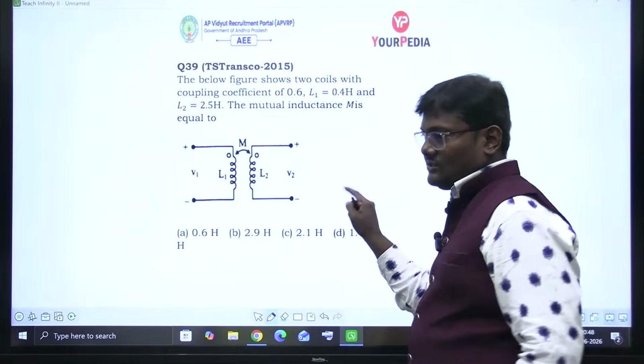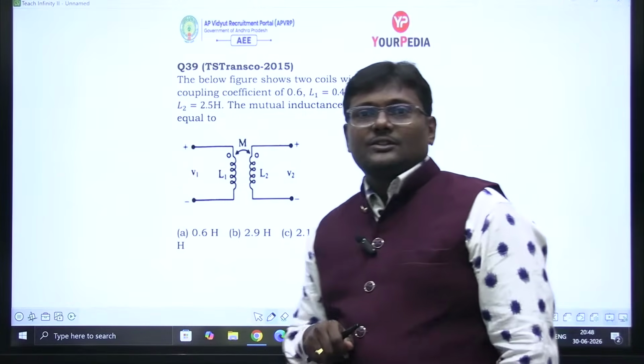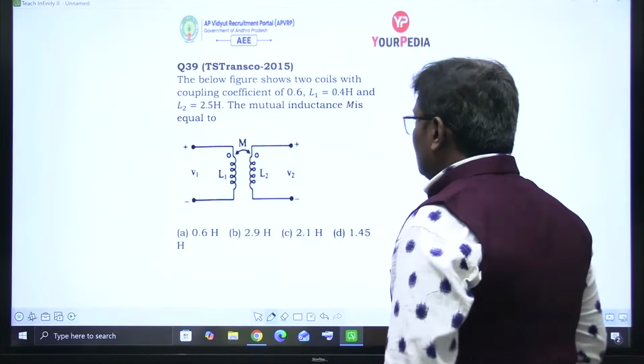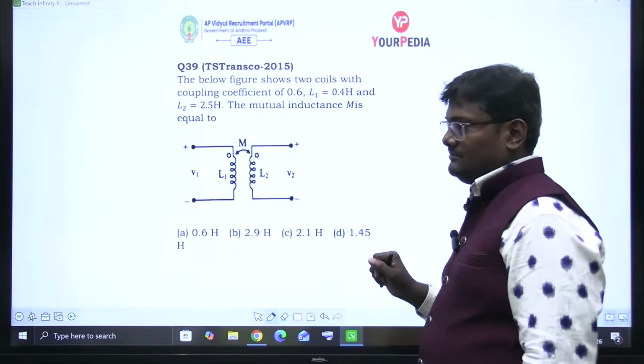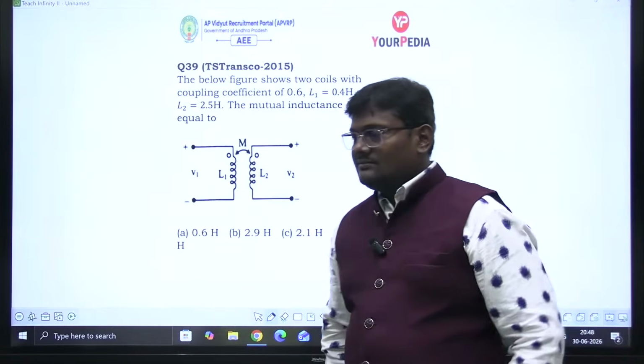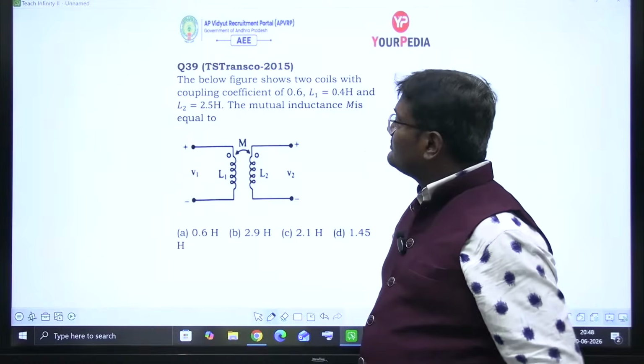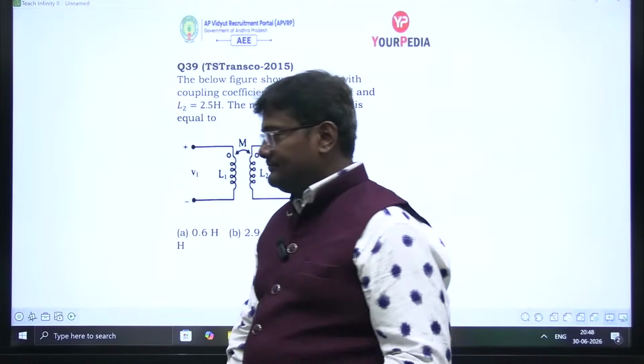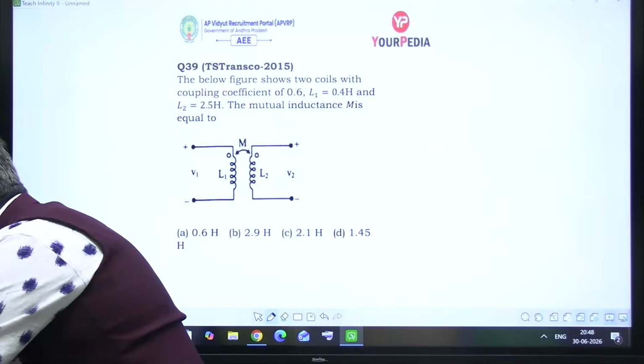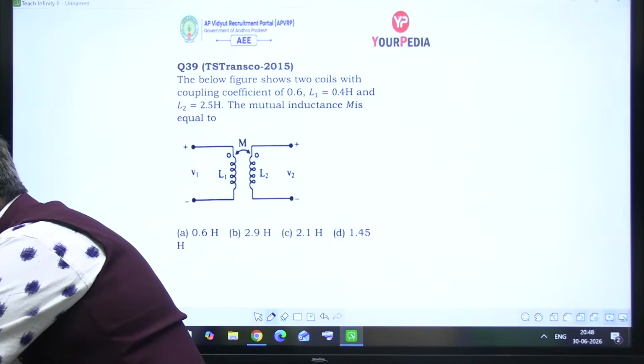Yes, this is a circuit concept, transformer. Now calculate the M value. So just I will upload it in the Google Drive.